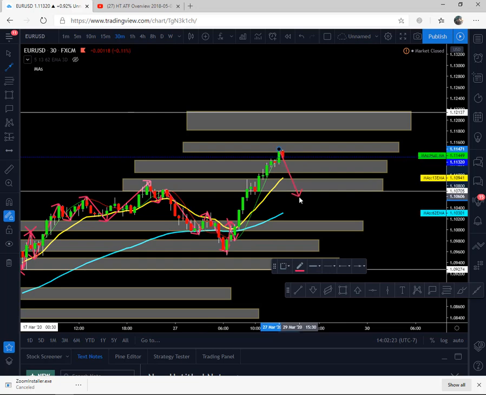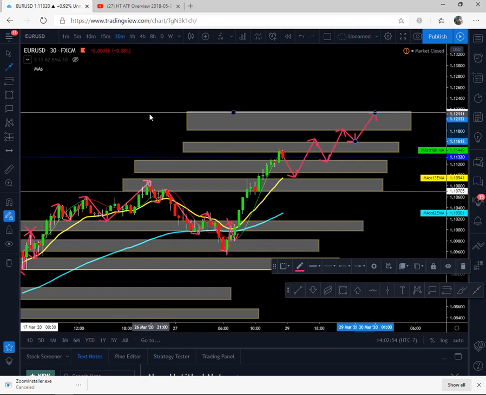So as long as price doesn't come and break this support, then it's safe to say that price will remain doing higher highs, leading to another potential 1362 line.